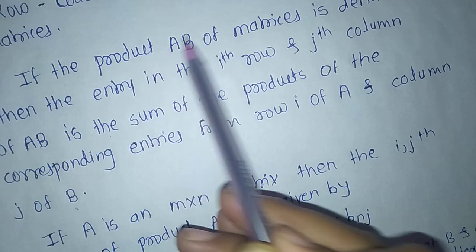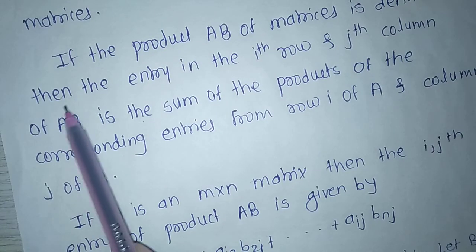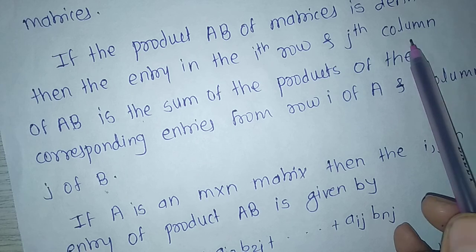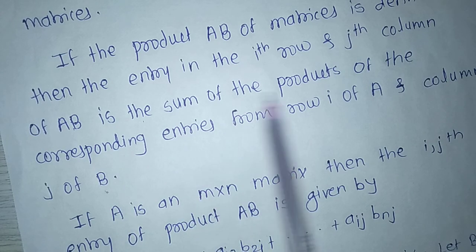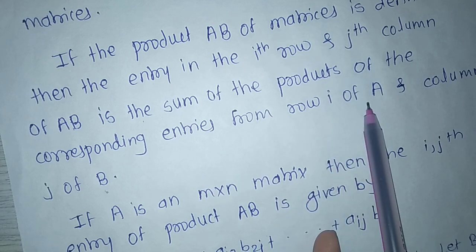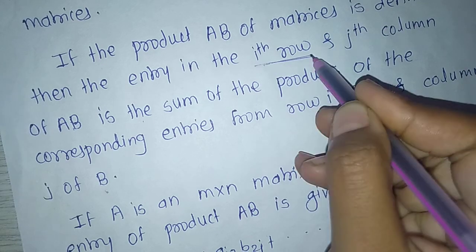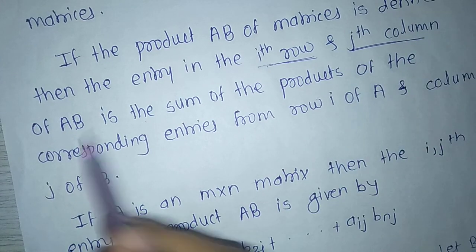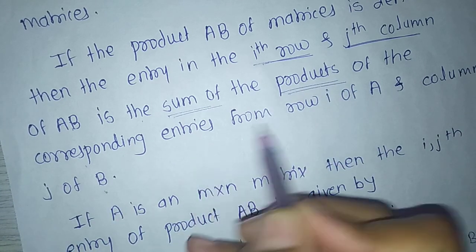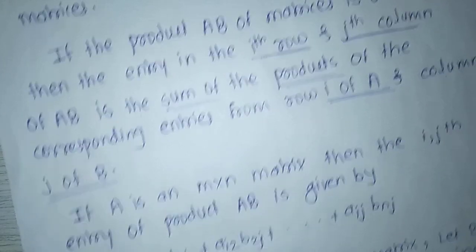If the product AB of matrices is defined, then the entry in the ith row and jth column of AB is the sum of the products of the corresponding entries from row i of A and column j of B. Means the ijth entry of AB is the sum of the products of the corresponding entries from row i of A and column j of B.